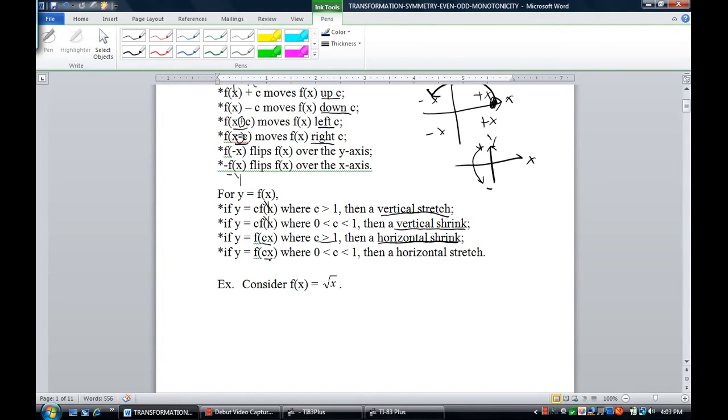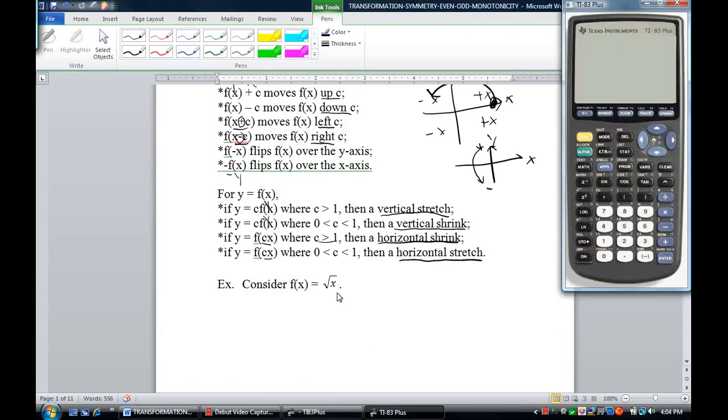And the same thing down here. If it happens to be a fraction, it's going to take all those x's and it's going to stretch them out horizontally. So watch out for the horizontal and the right and left stuff. It's the opposite of what you might think. So what I'm going to do, I'm just going to look at f of x equals the square root of x.